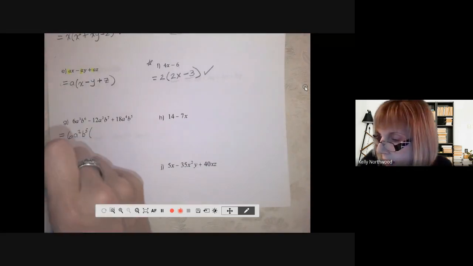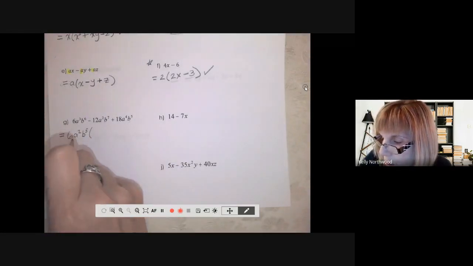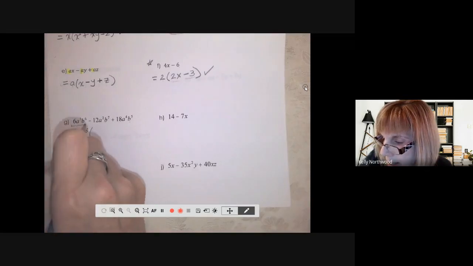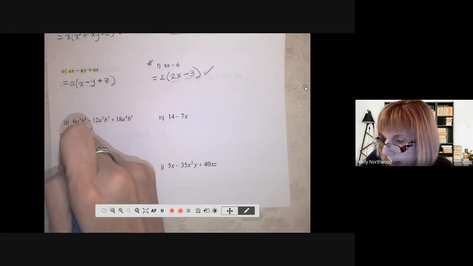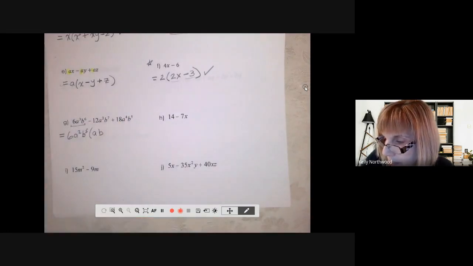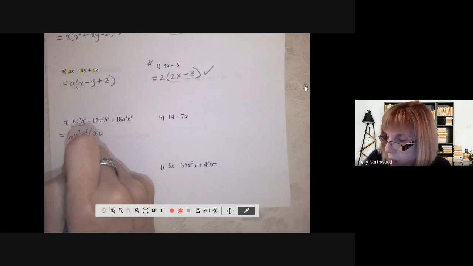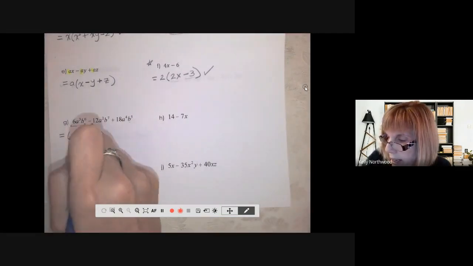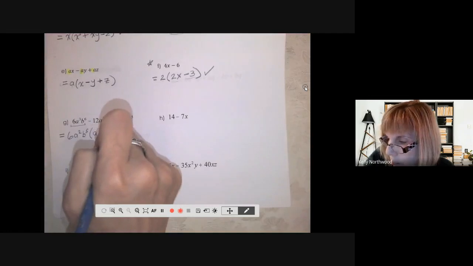All right, check and see if you got your terms inside your bracket right. So what do I multiply 6a squared b to the 5th by to get 6a cubed b to the 6th? You've already got the 6. You need an a. And then what do I multiply 6a squared b to the 5th by to get negative 12a squared b to the 7th? Negative 2.